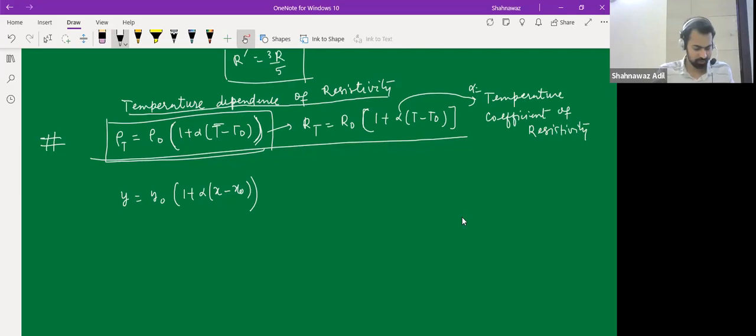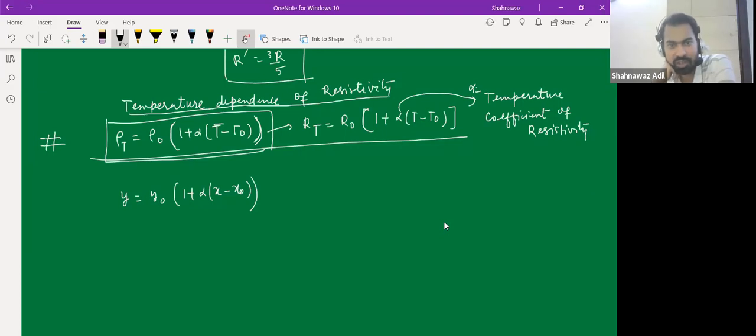So, guys, what would be the graph of this equation? Can you guys tell? Any idea?